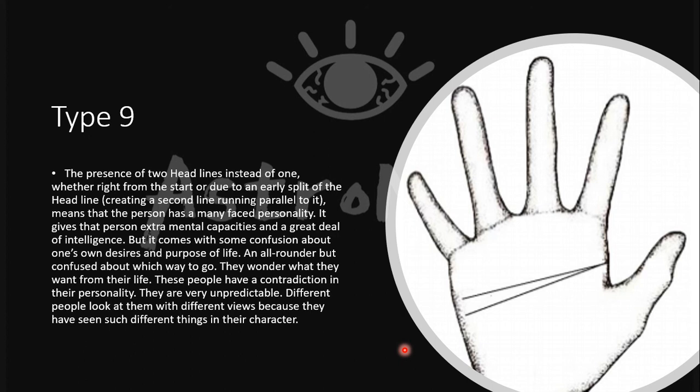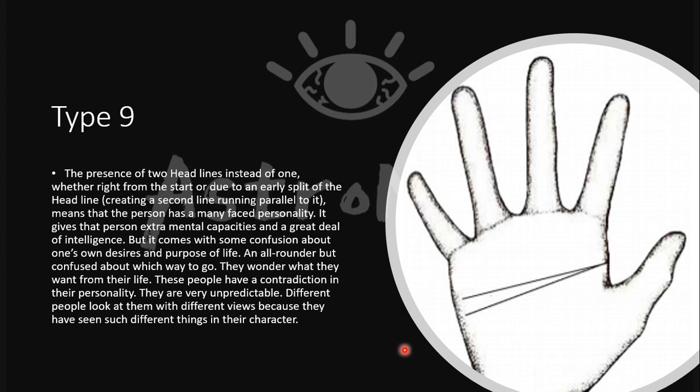But it comes with some confusion about one's desire and the purpose of life. All-rounded but confused about which way to go. Suppose this person has two headlines, the two mindsets will think about different ways to go.